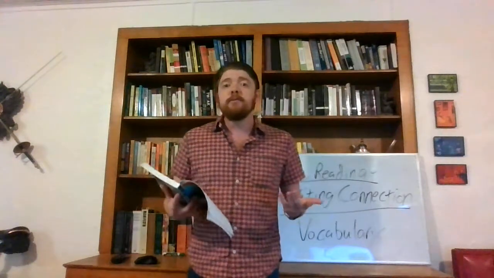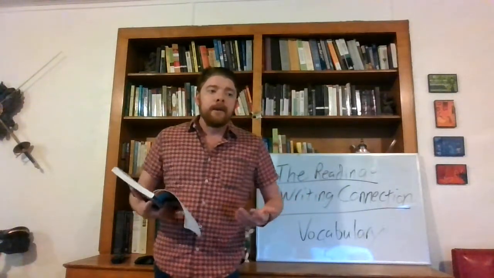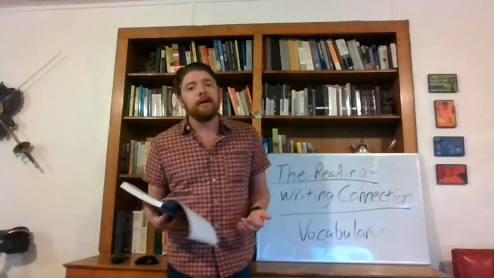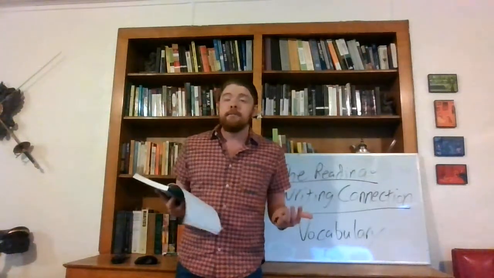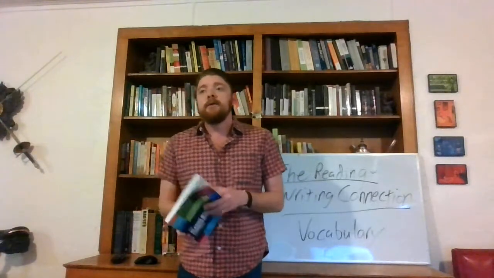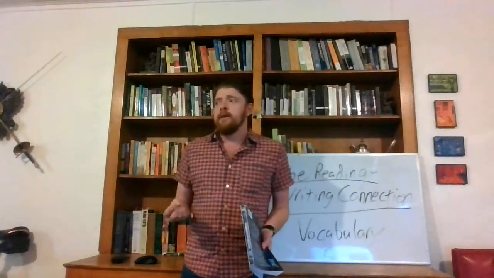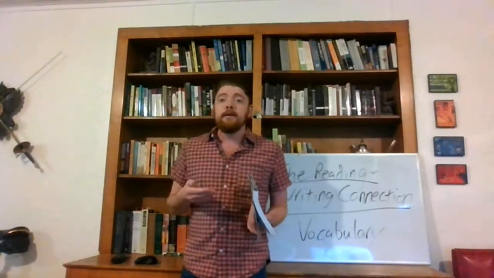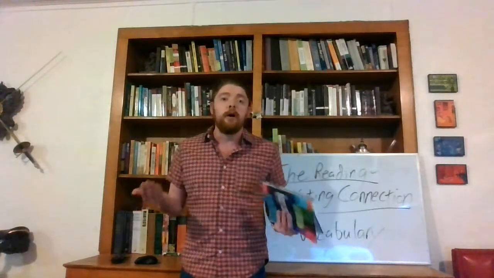And like I kind of mentioned, one of the best ways to improve your vocabulary, help you understand reading and writing better, is to read more. We also want to learn vocabulary not just by looking up words, but by looking at vocabulary in context.